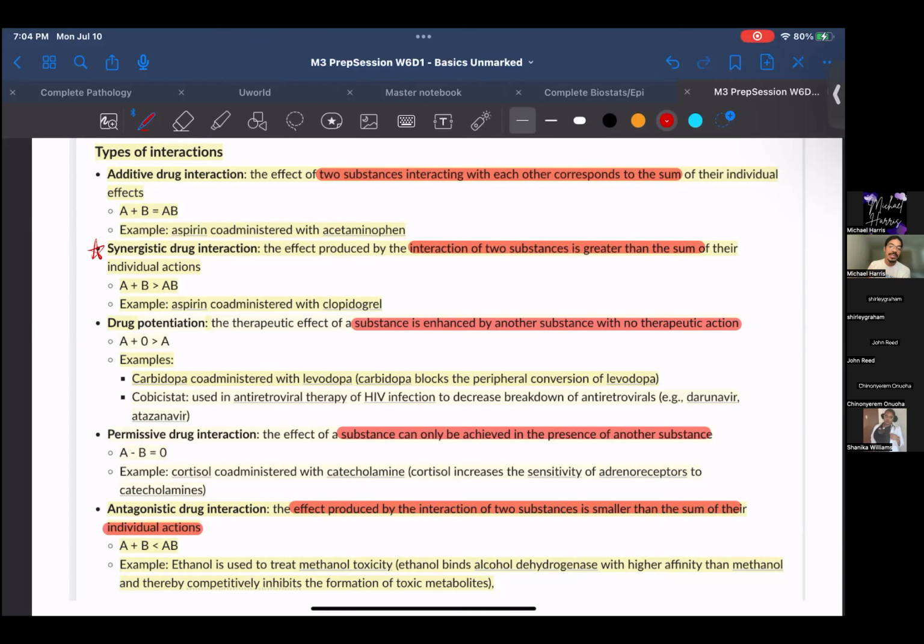Also, cortisol was the guy that increased the adrenergic receptors, being alpha-1, as well as some beta on the actual membranes. Okay, so that's known as a permissive drug interaction.